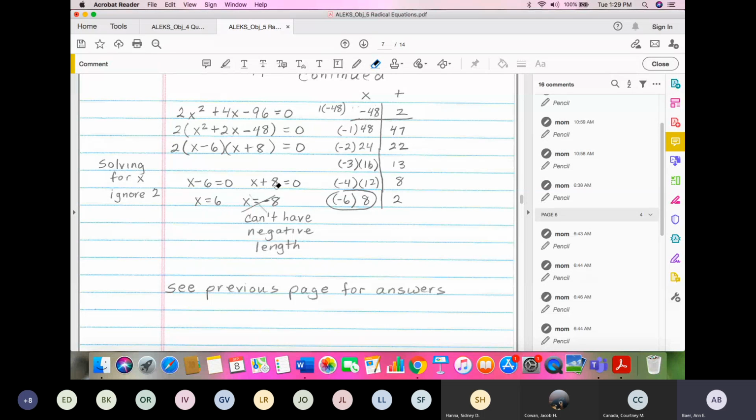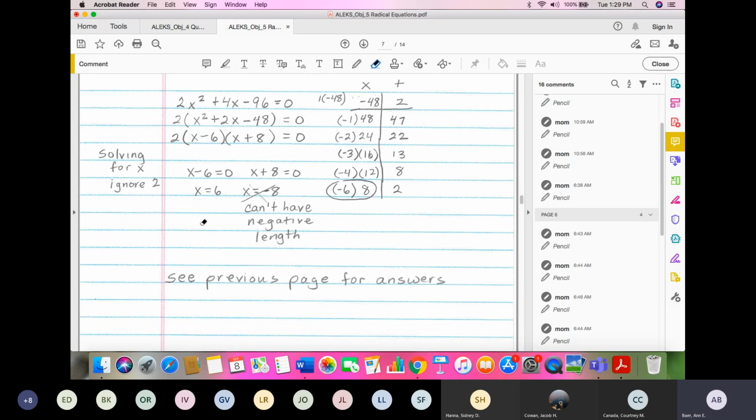We subtract 8 from both sides and end up with x equals negative 8. But what is x? It's the length of the shortest side, so we can't have that be negative. We have to have a positive length, so we can't have this as our length, so we have to cross it out. It's negative.